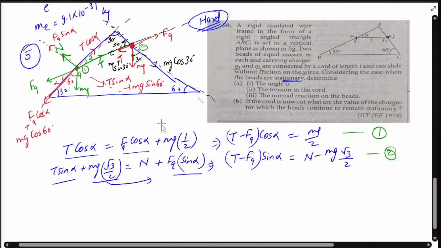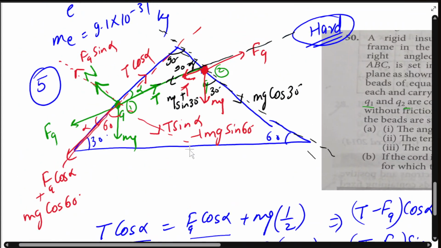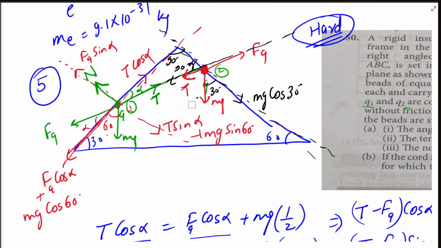I can directly zoom in like this. So this to rub it, it will be plus mg sine 30 degree, right?